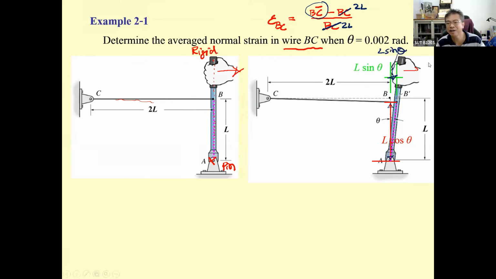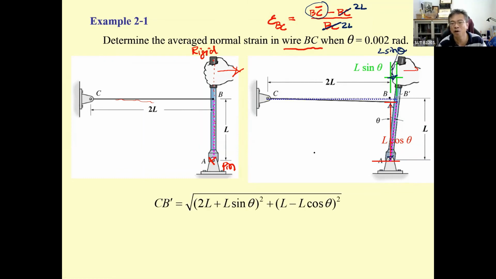Now you've got this one as L sine theta, and this one as L cosine theta. And then if you project this one and set this as the normal angle, you may find B prime C, or C B prime. It's going to be the same thing. B prime C, or C B prime. It's going to be what?